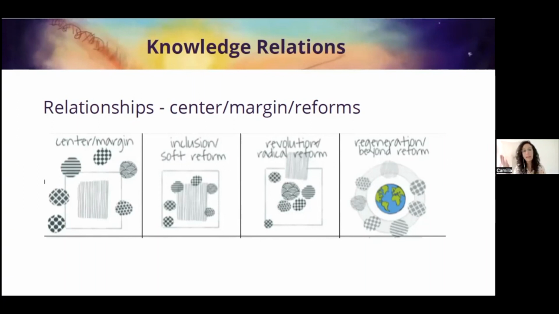And then in the space that we are trying to point towards, that we sometimes call regeneration, sometimes beyond reform, we are centering the earth. We come back to center the living metabolism that we are all part of. It's not one diverse knowledge, it's not one people, it's not one of the fights that are very important, but rather the metabolism that we are part of, with all the knowledges around it.